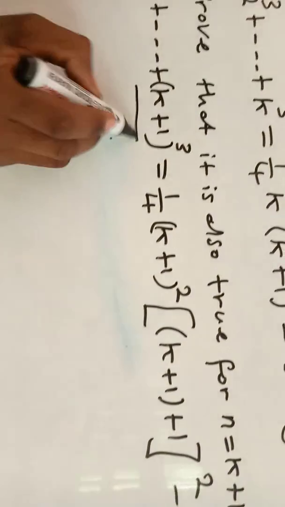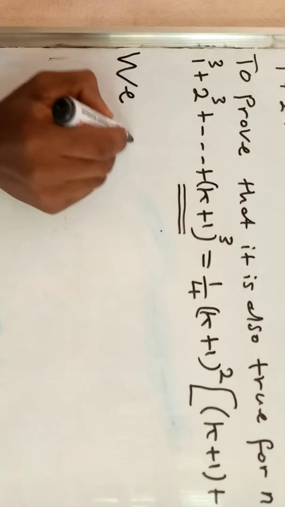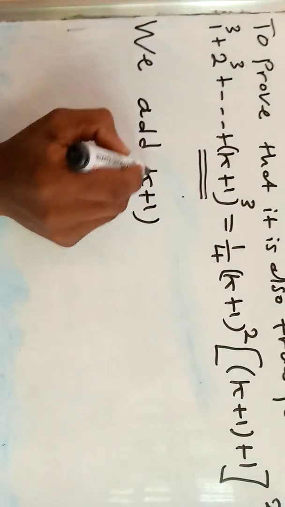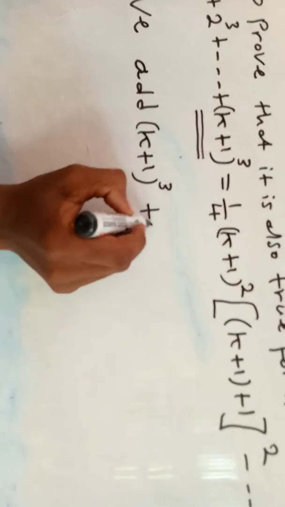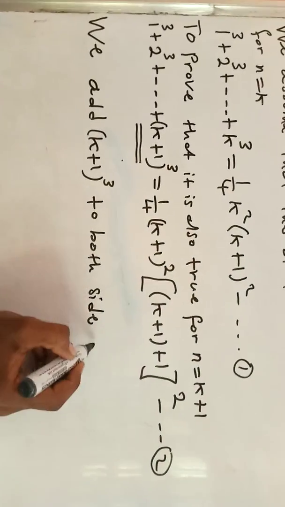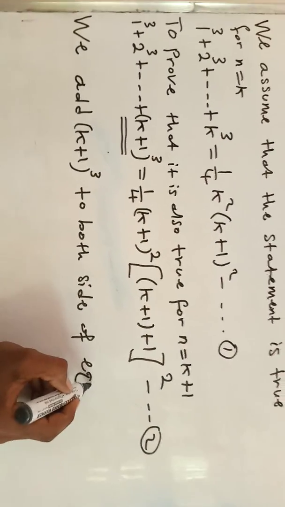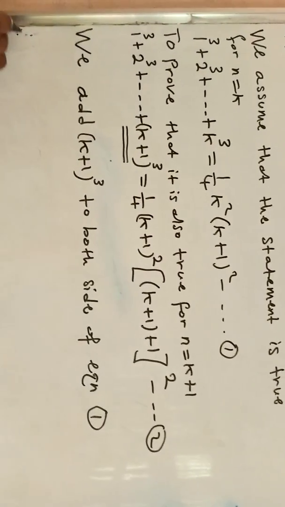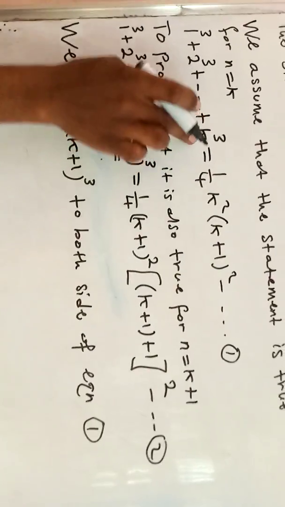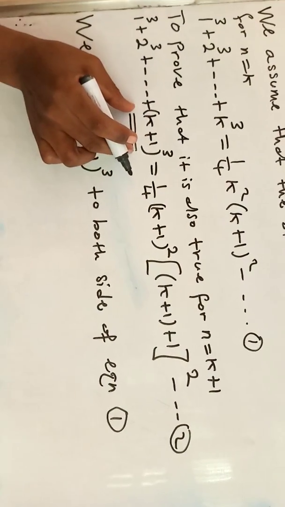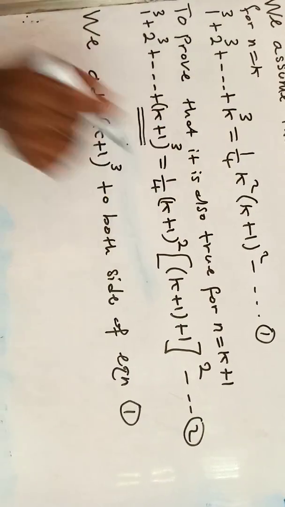Now we are going to make use of this. Left hand side, we add k plus 1 cube to both sides of equation 1. Therefore, we have, this is equation 1. This, we are going to add both sides of equation 1 by k plus 1 cube.